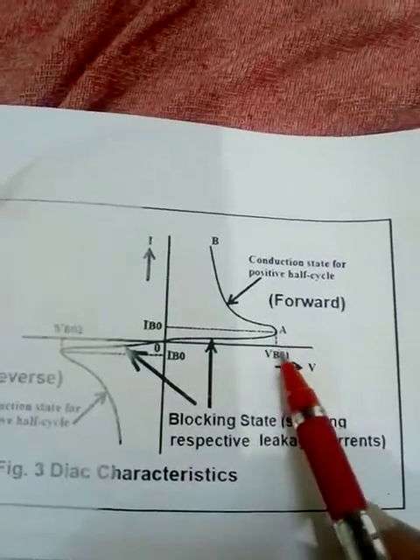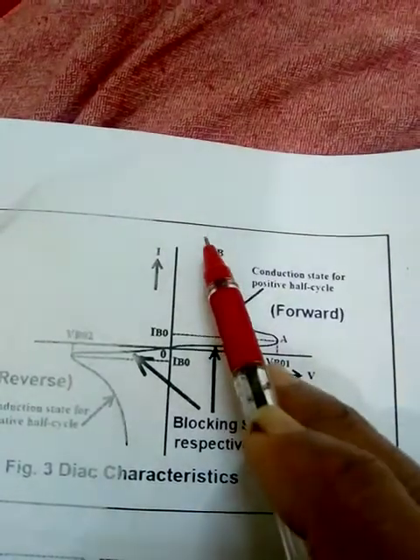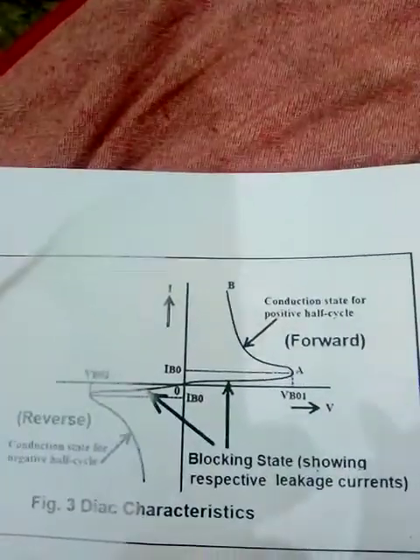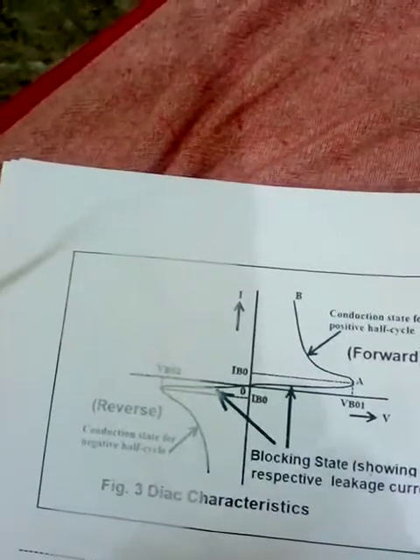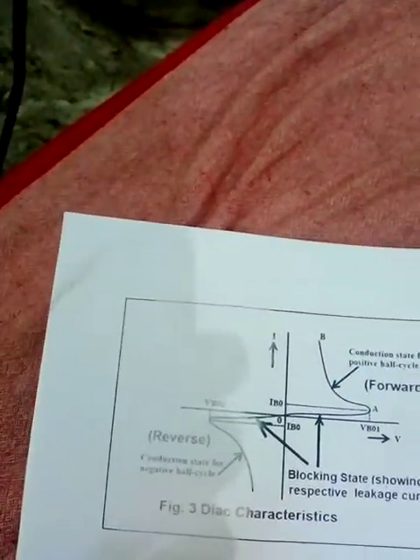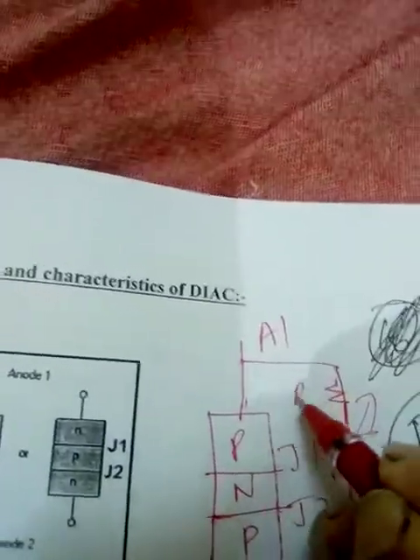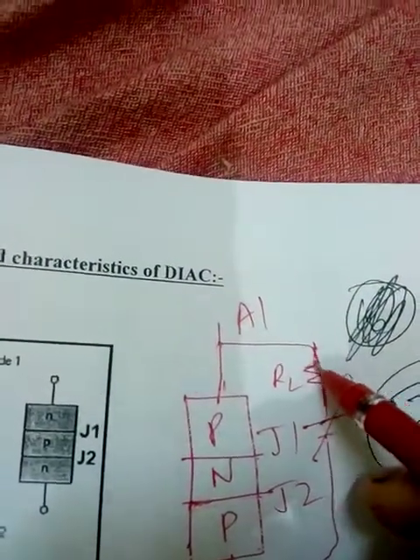But when you reach the forward breakover voltage, it conducts, the voltage decreases and the current increases. The current will keep on increasing and will be limited only by the external resistance, that is the load resistance, else the device will get destroyed.